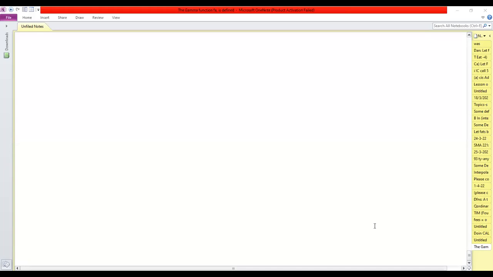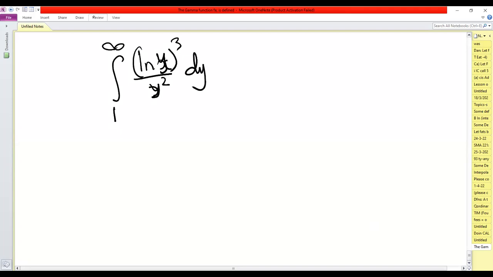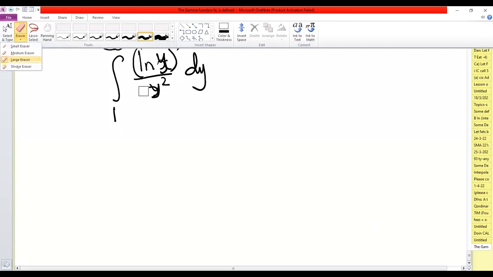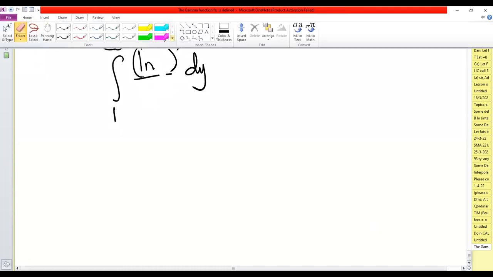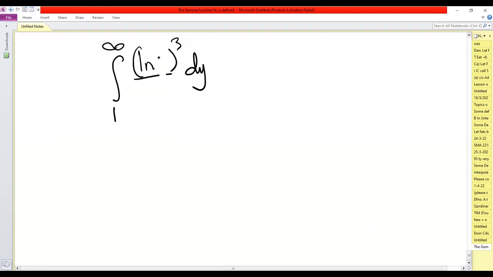So the first problem is to evaluate the integral from 1 to infinity of (ln y) to the power 3 divided by y squared, dy. You see that in the structure of the gamma function, we do not have an ln function.